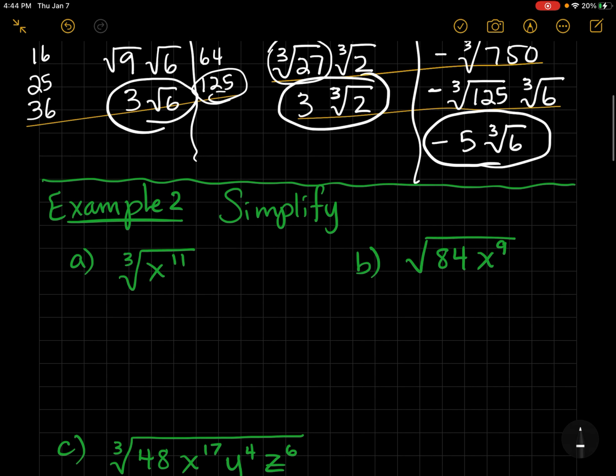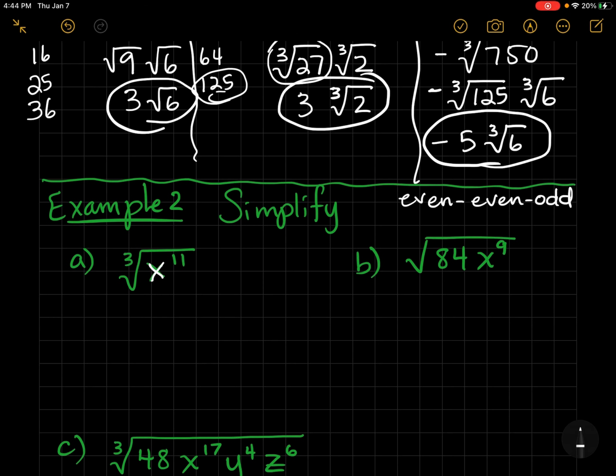Okay, let's go ahead and look at how to simplify when we're dealing with variables. Now that we have variables, we're going to have to remember the even, odd rule if it comes into play. Okay, let's look at part A. What we want to do, and listen closely because this could be a little confusing.